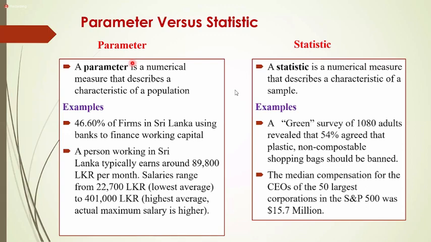It may be the percentage, the mean, the median, the minimum value, the maximum value, or the standard deviation, any numerical measure in the context of statistics. But a population parameter is calculated for the population and a statistic is calculated for a sample. So a parameter is always related to the population, and a statistic is always related to a sample.